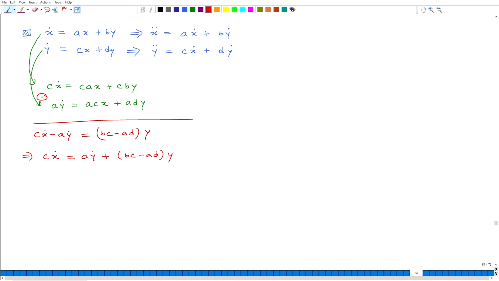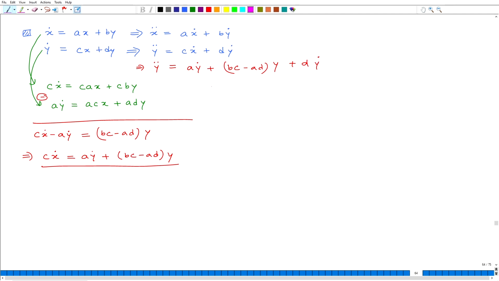Now, you know this expression, and you can put it in the expression for y double dot. So, I can write y double dot will now be equal to ay dot plus bc minus ad times y plus dy dot.